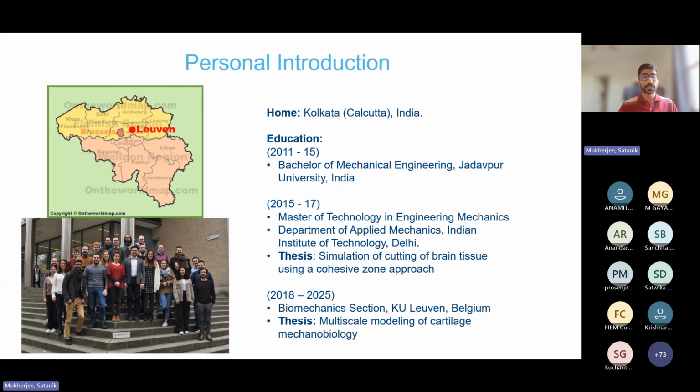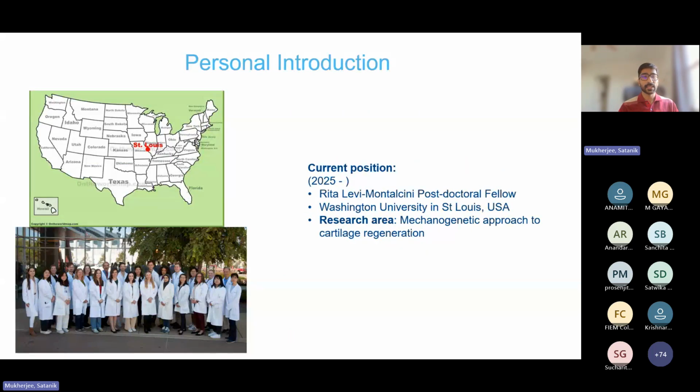Since 2025, after obtaining my PhD, I have relocated to the US, specifically to Washington University, where I am working on cartilage regeneration, focusing on experimental synthetic biology-based approaches that can be used to regenerate cartilage.